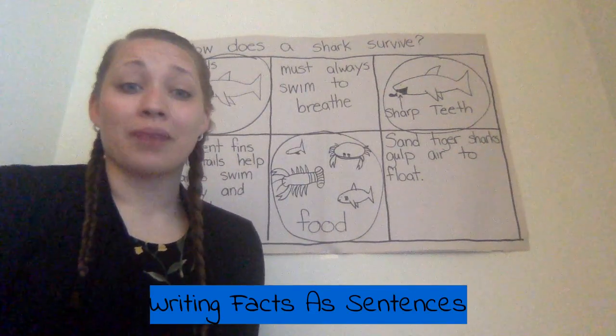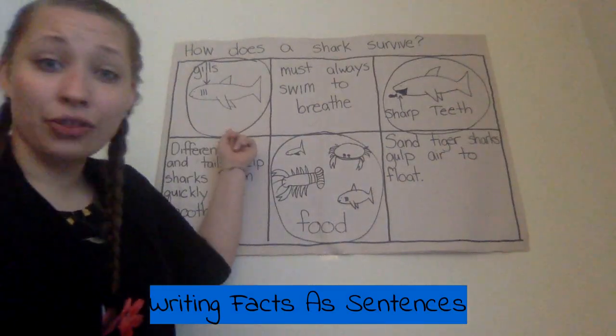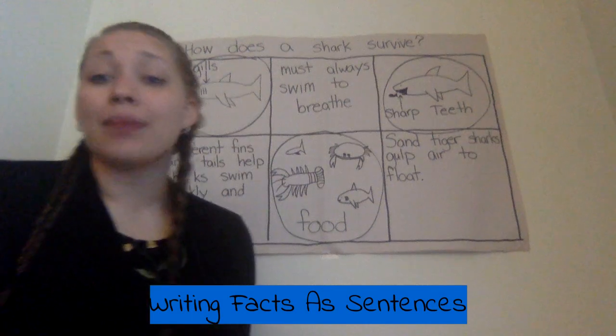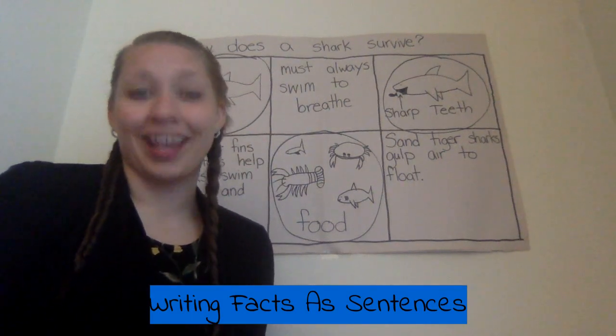I am going to start by writing the first fact I circled by saying, sharks breathe through gills. I'm going to carefully sound out my words as I write them. You could tell me what letters you hear and I will record them.